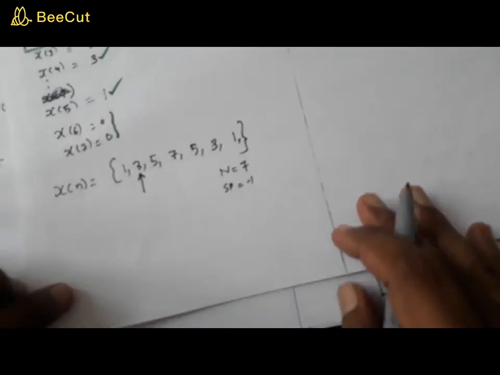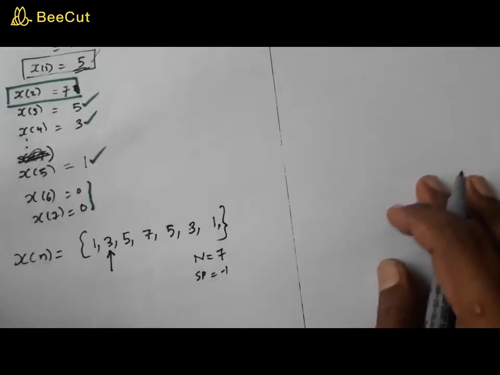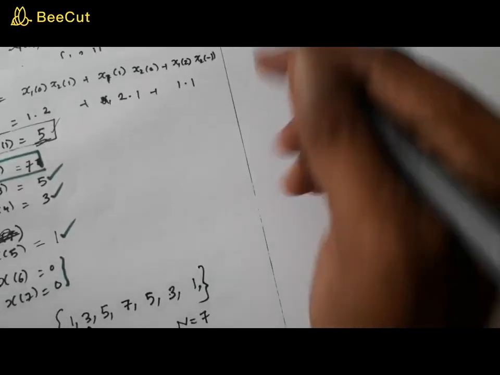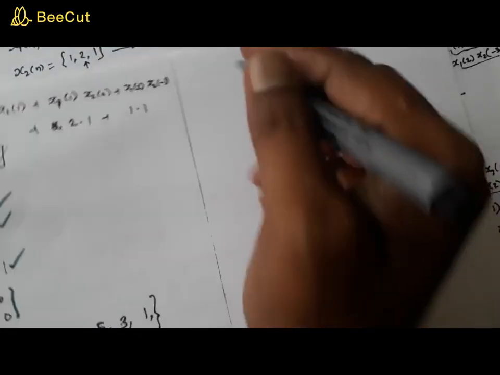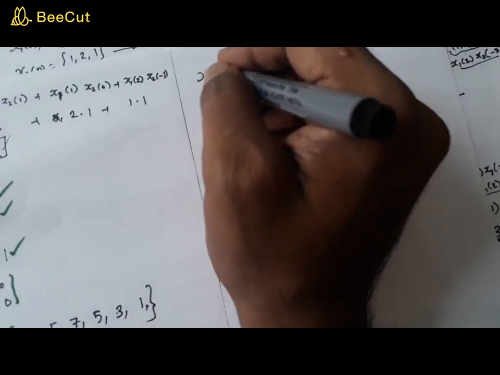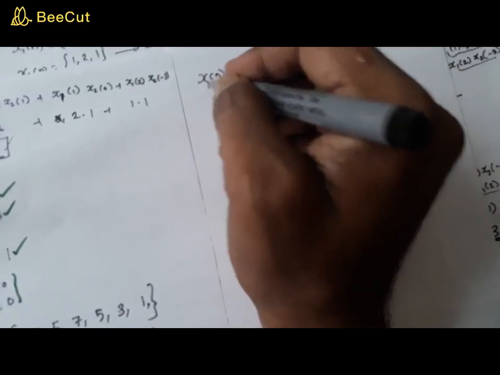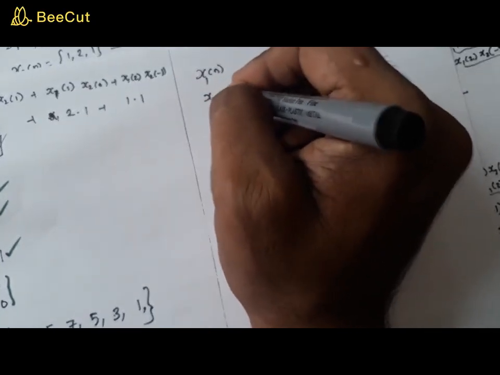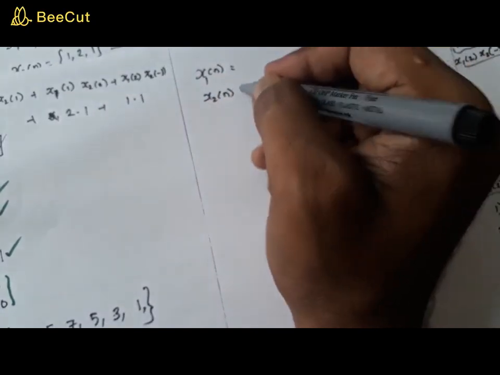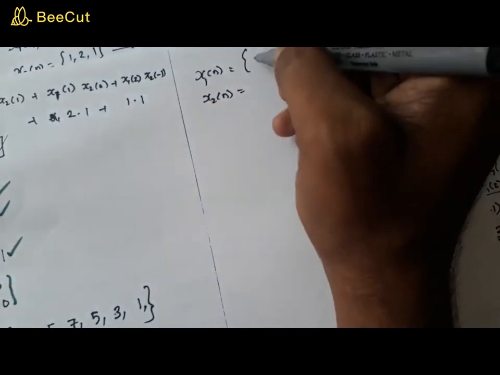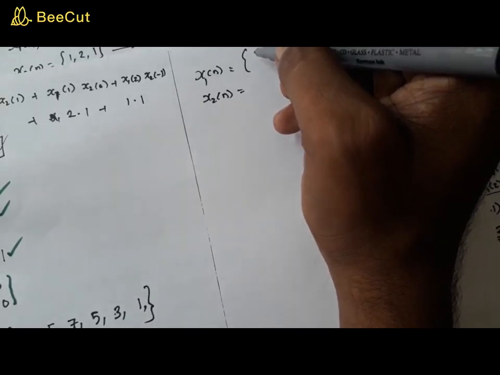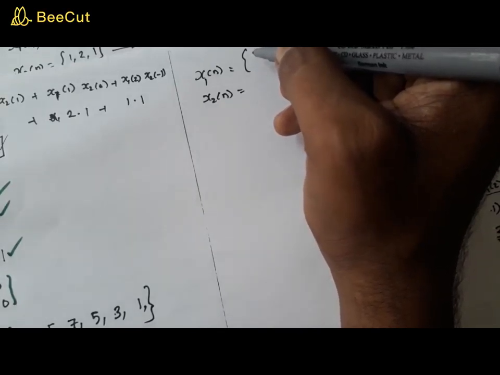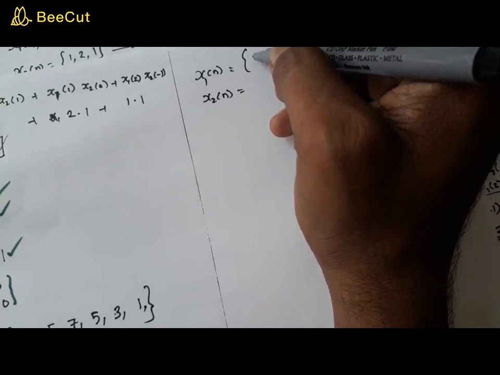Okay, now similarly you can try for this. You may do another signal, x1 of n and x2 of n. Do this as an exercise using the mathematical expression.